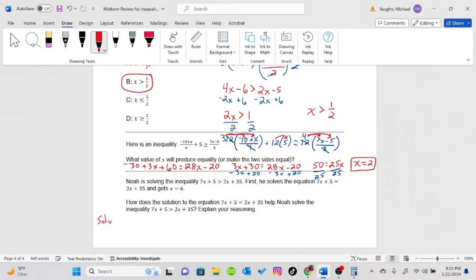Solving the equation gives Noah the dividing point. Now he can test numbers on either side of 6 and see which side makes the inequality true.